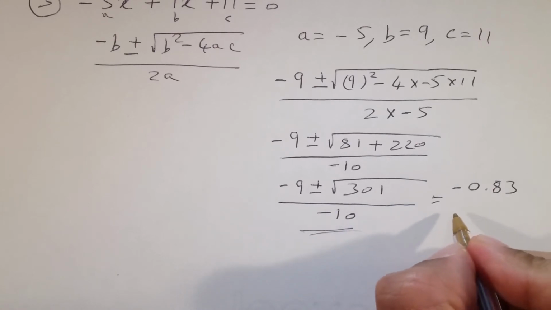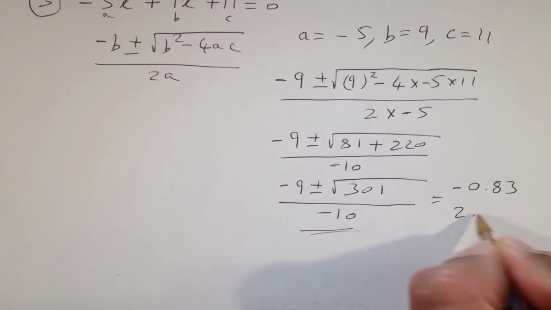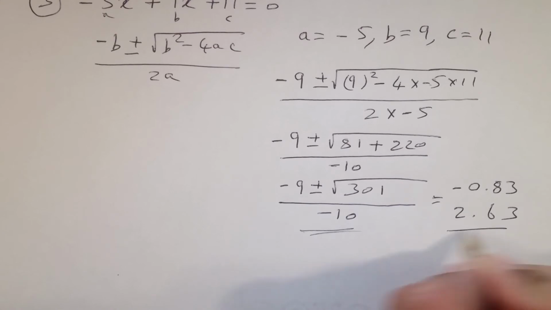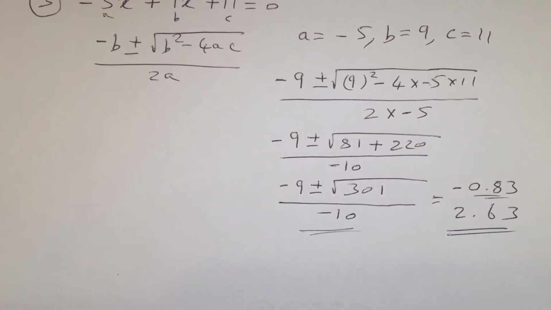And the second one I got is 2.63. Two answers. That's it. So if it's a calculator question, use any of these. Non-calculator, carry on and leave it in the surd form.